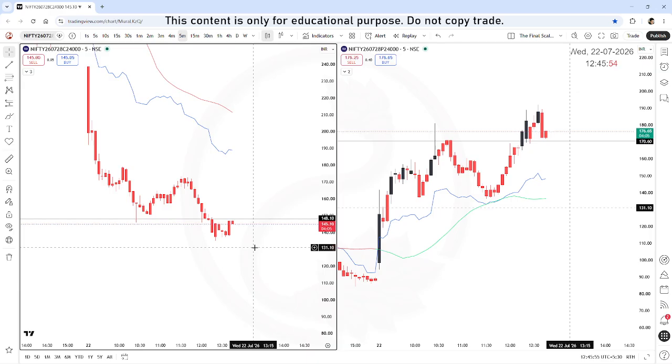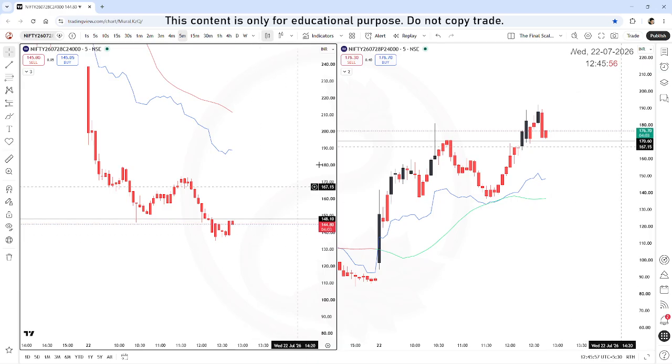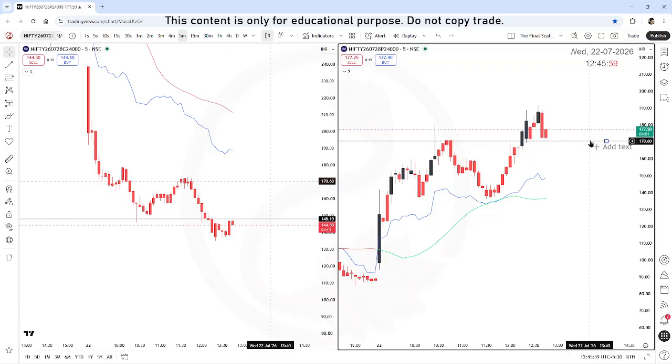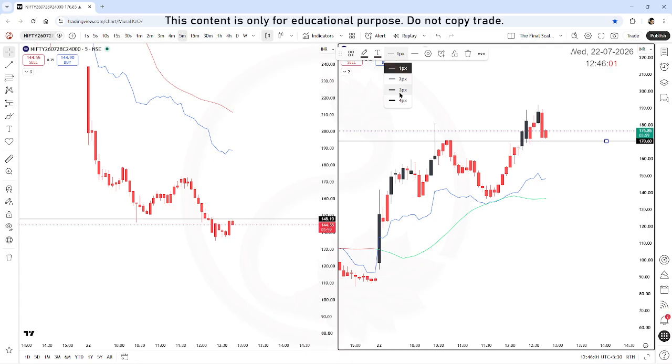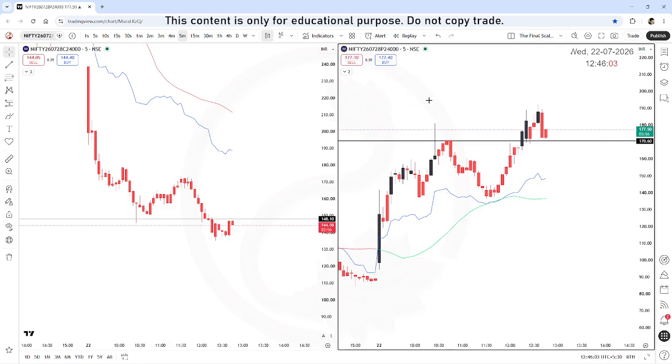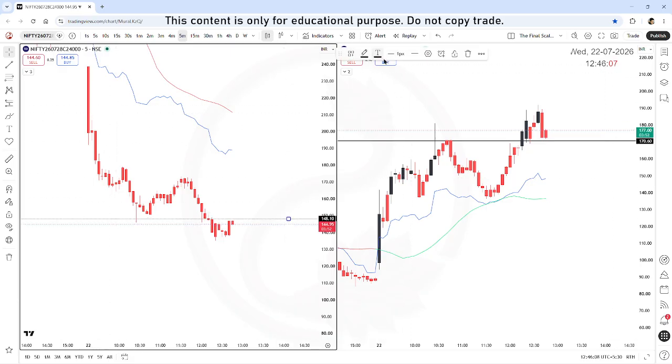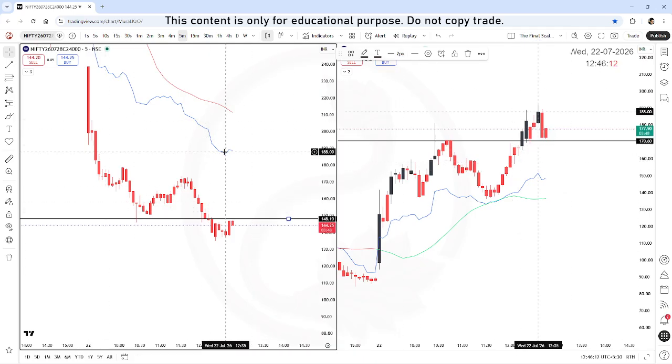What are we doing here right now? The black line that I just drew on the chart is essentially our limit order. A limit order to sell a put option and to buy a call option.